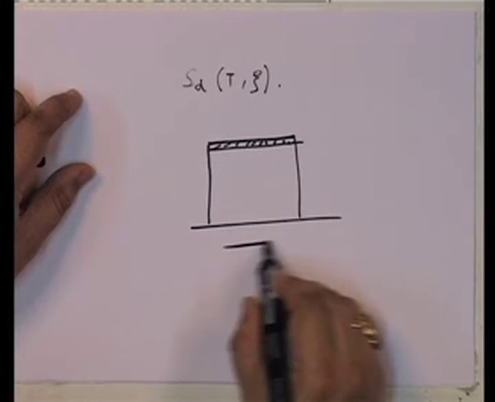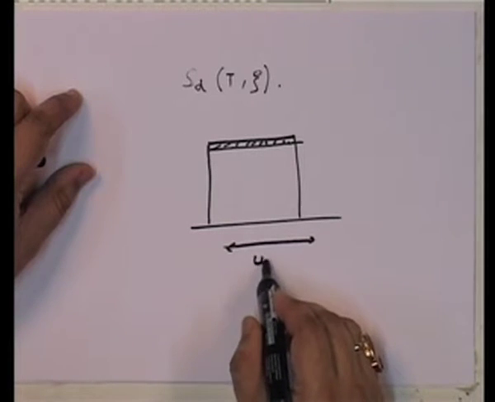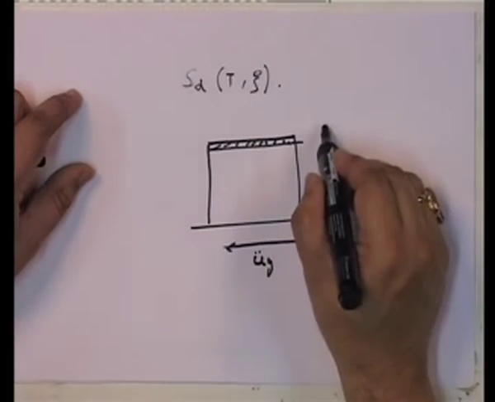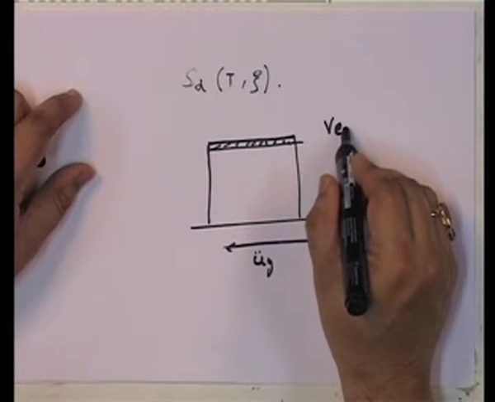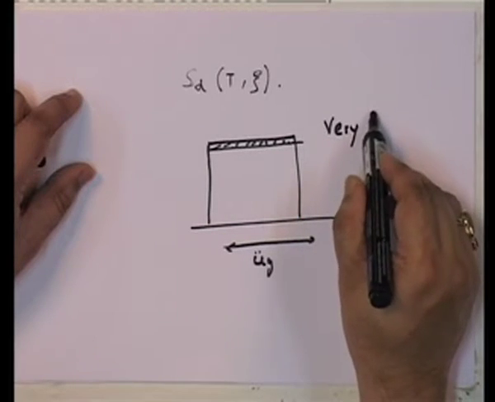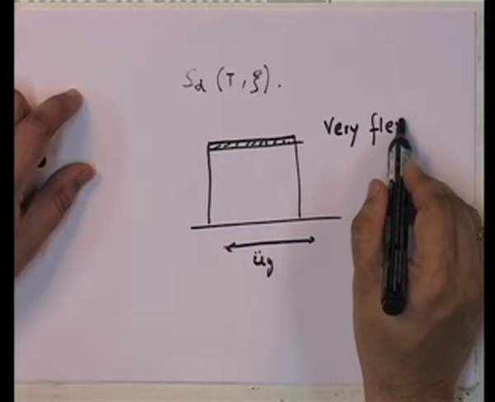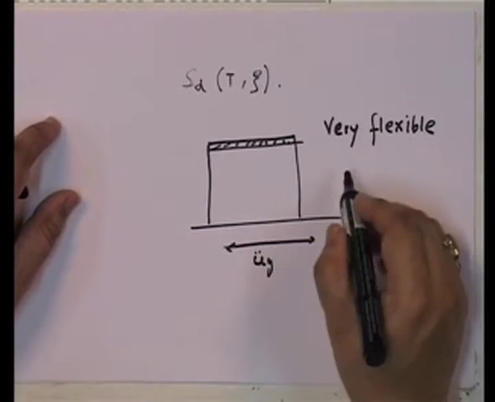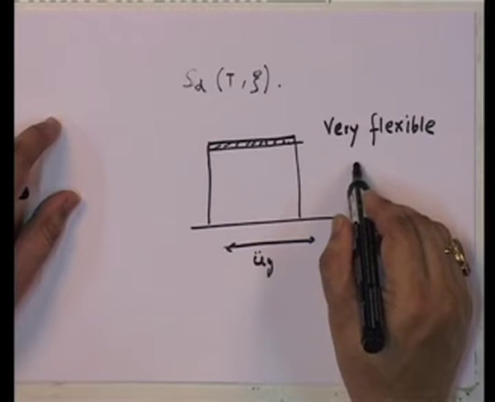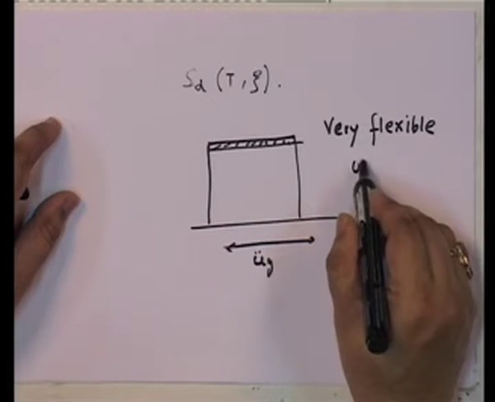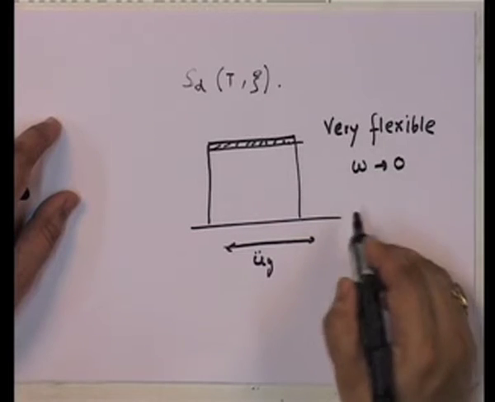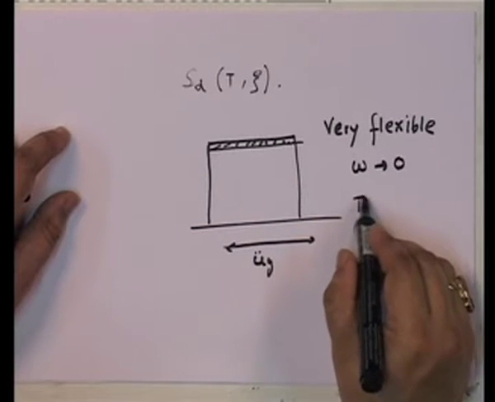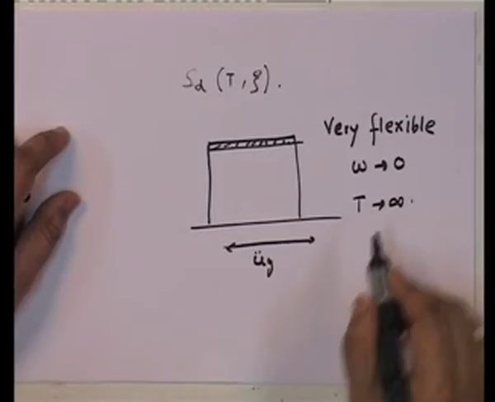Very flexible implies that omega tends to 0 and t tends to infinity.